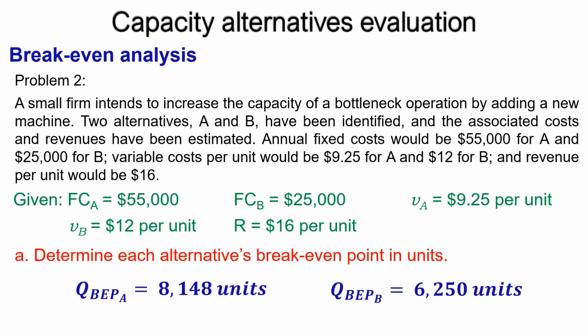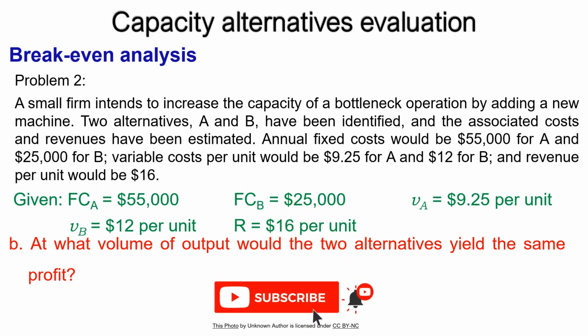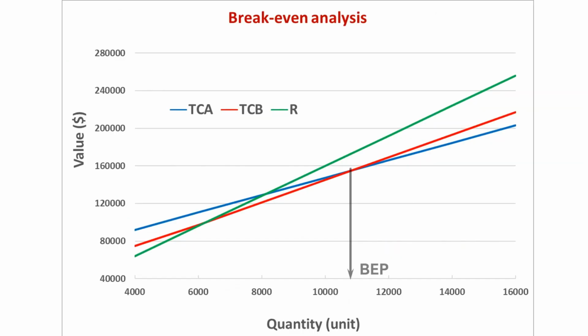Consequently, the first question's answer is that alternative A's break-even point is 8,148 units and alternative B's break-even point is 6,250 units. The second question is to find the production quantity at which the two alternatives yield the same profit. This means the quantity at which the total cost of both alternatives is equal, or the break-even point.